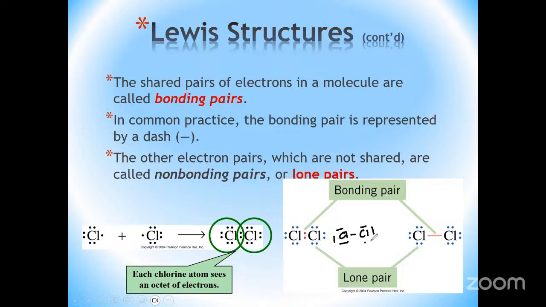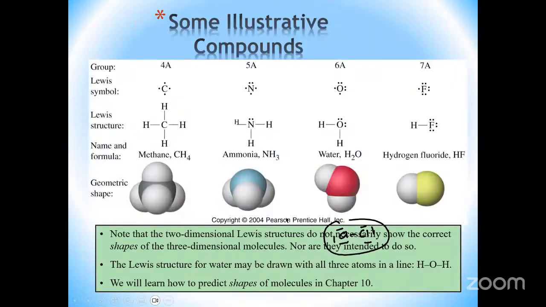So each line represents a pair of electrons, right? Personally speaking, I prefer to use this, but I will not penalize you if you use the other types of representation. All right.